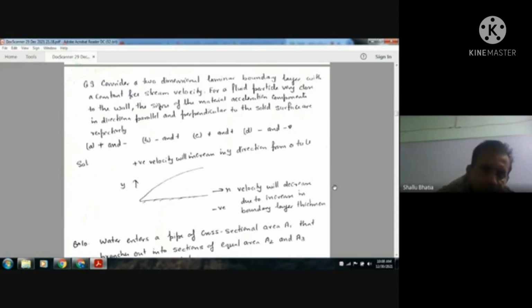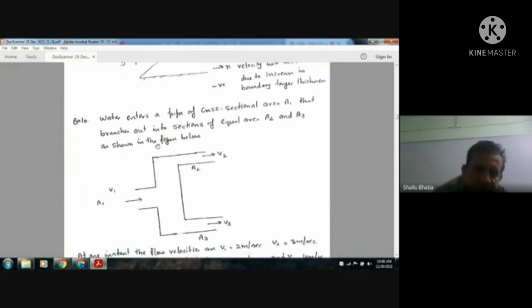When we go in this direction, the velocity will decrease. So in the x direction it will decrease, and in the y direction it will increase. So the answer will be your B option, positive velocity in the y direction, and velocity will decrease due to increasing boundary layer thickness. So the answer will be B.